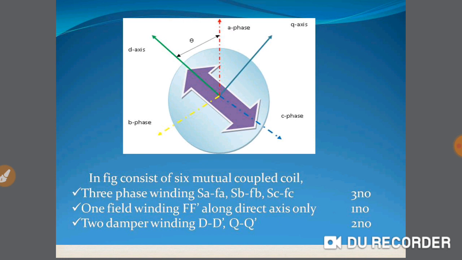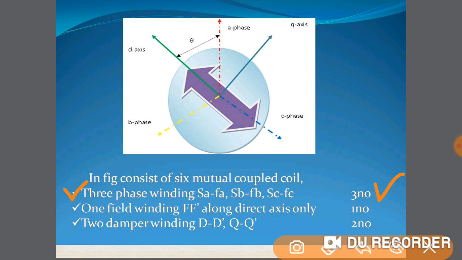So we can see from this diagram that this figure consists of three mutually coupled coils. First is the three-phase windings, which will be denoted by SA-FA for A phase, SB-FB for B phase and SC-FC for C phase. That makes three in total.